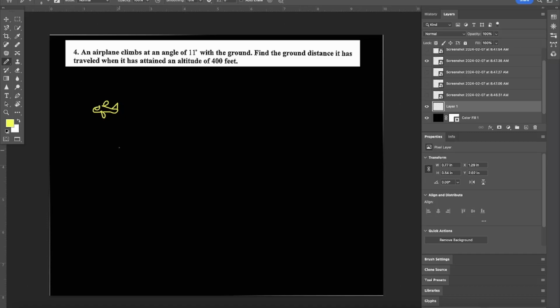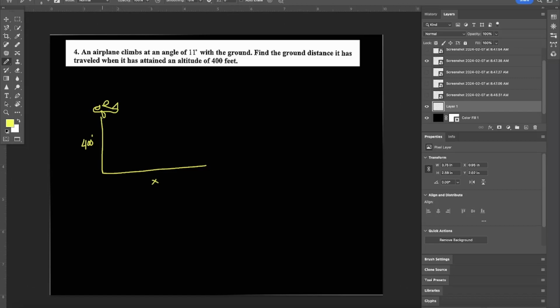Okay. So according to our problem, it already has an altitude of 400 feet. And we want to find out the ground distance that it has traveled. So we're looking for this part.